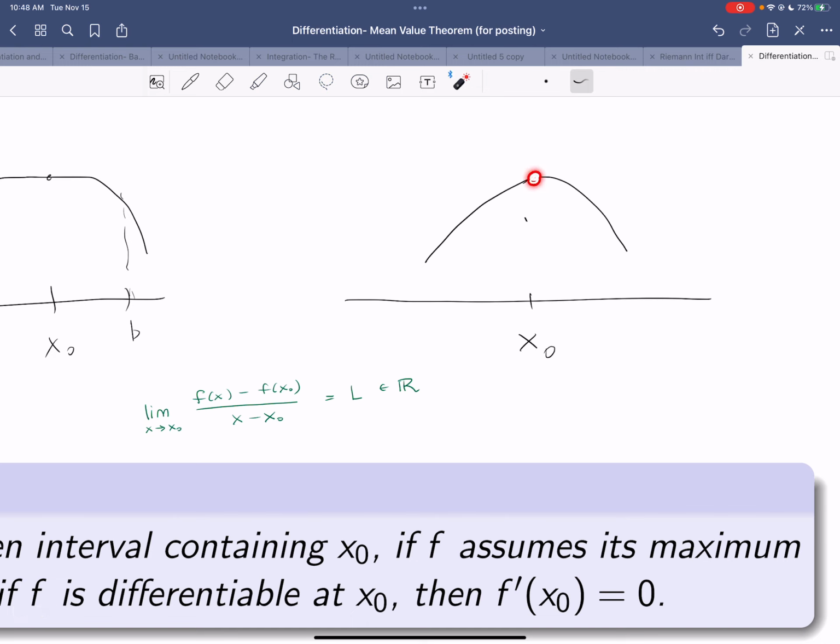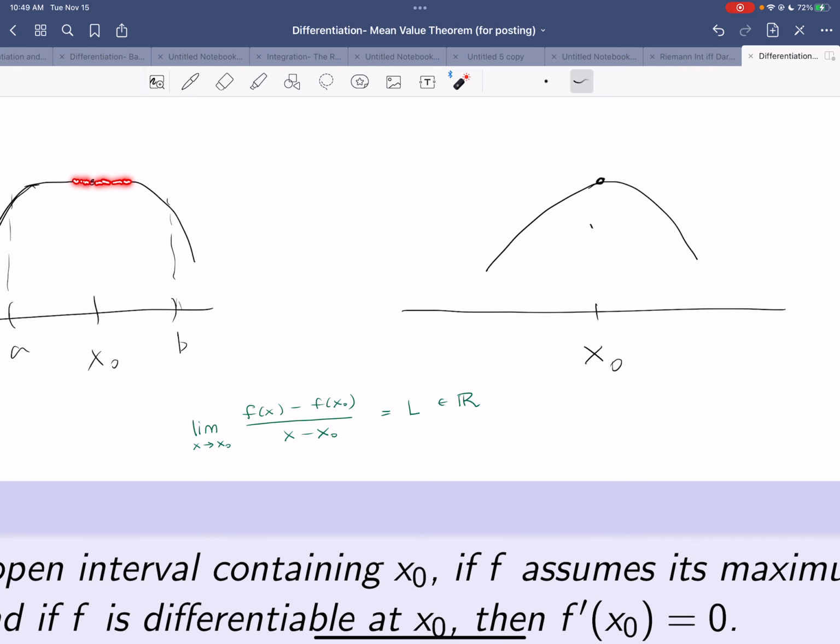Now, if I look at f of x minus f of x naught, when x is near x naught, so say x is over here or x is over here, f of x is going to be less than or equal to f of x naught.